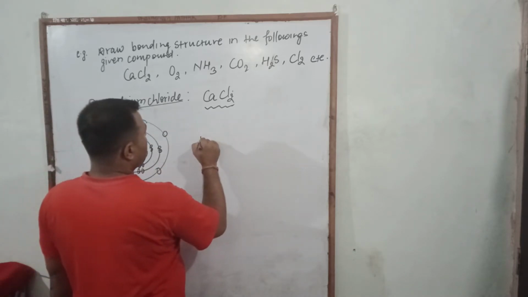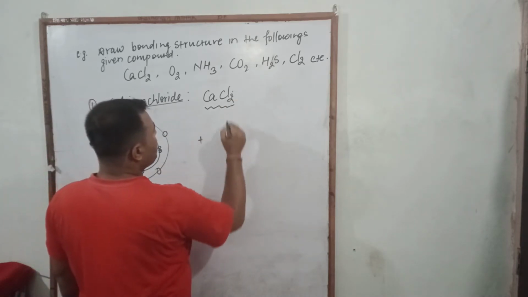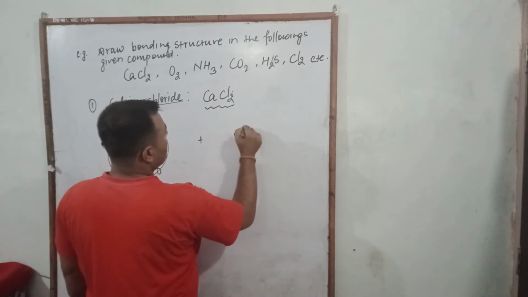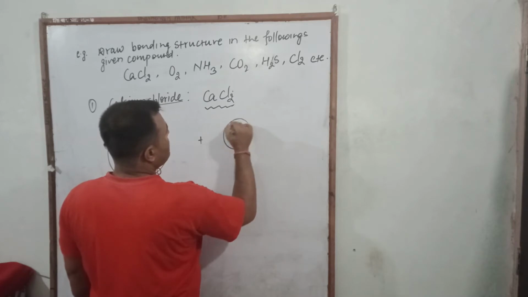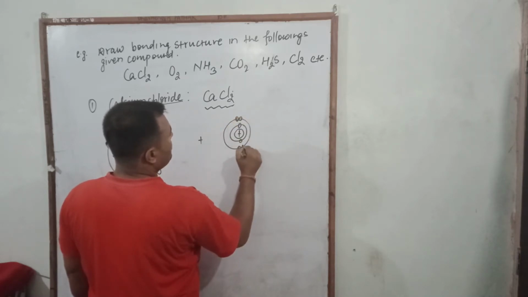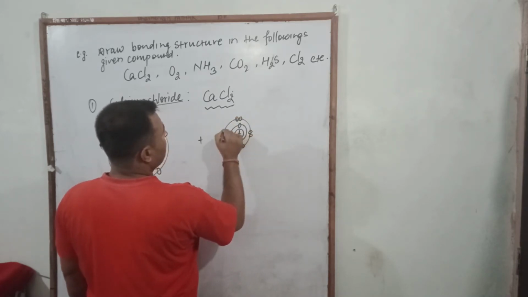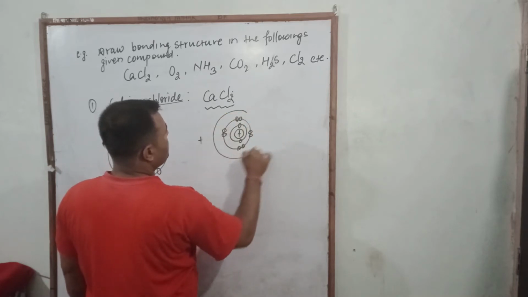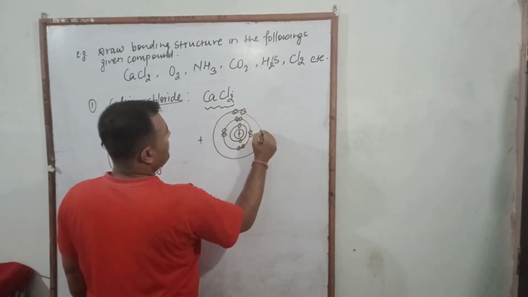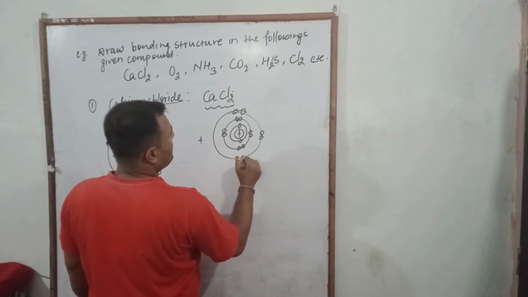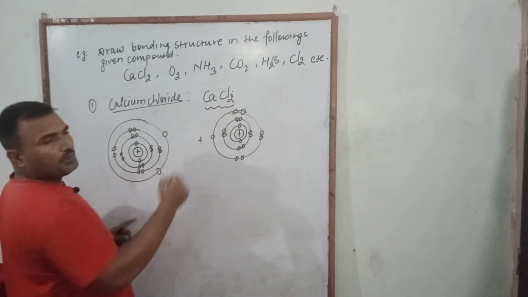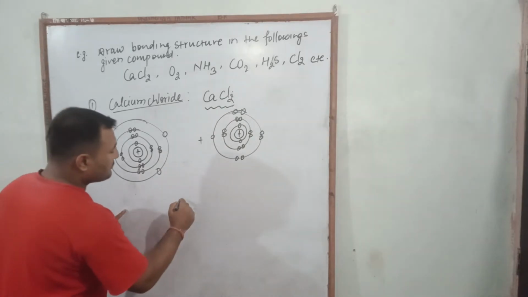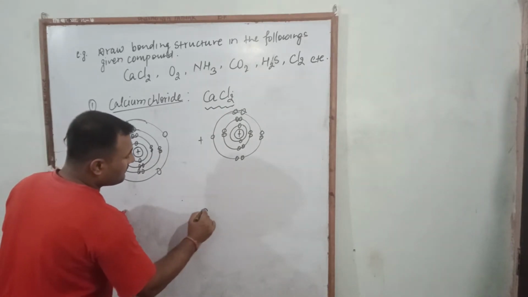And here we have chlorine. In chlorine, in the first shell 2 electrons are found, in the second shell 8 electrons, and in the third shell 7 electrons are found.